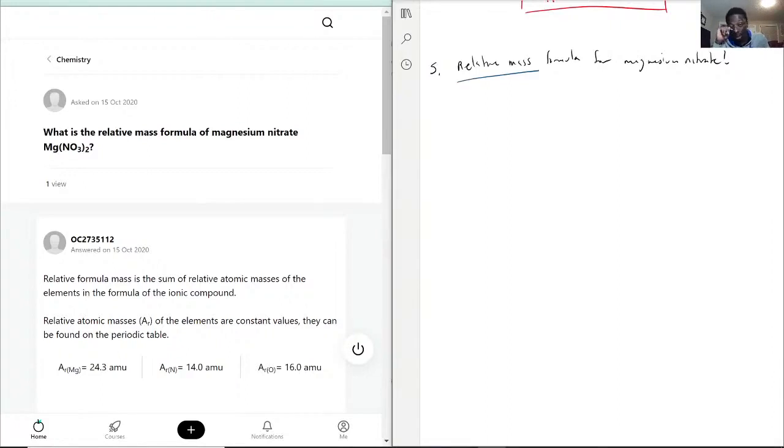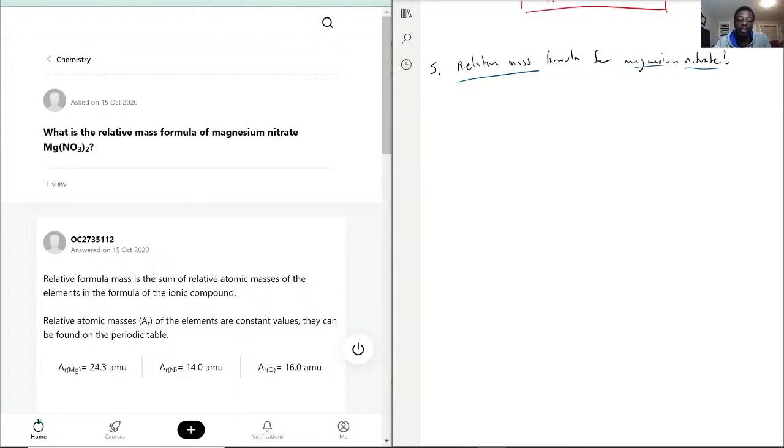And technically, yes, this is relative because molecular masses can vary based on the type of isotopes that are actually forming that compound. But in this case, what they're saying is that they want you to gather all the different atomic masses of each component of magnesium nitrate and add it together to get a total atomic mass, if that makes sense.